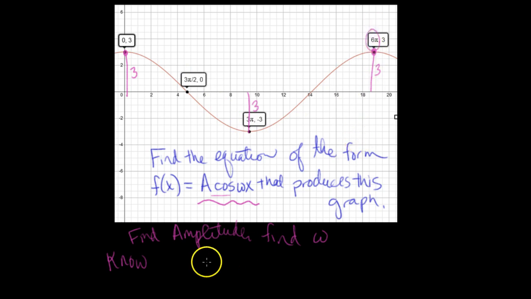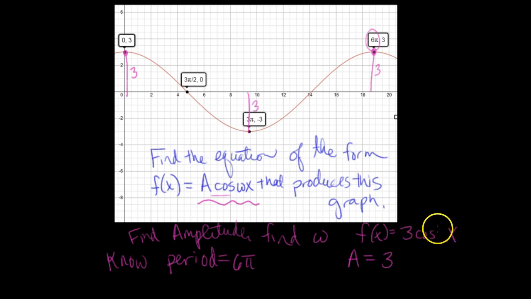So we can say that the period in this case is 6 pi. Okay, so the period equals 6 pi, and we also already know that A is equal to 3. So we've got f of x is equal to 3 cosine. I don't know what omega is, but I know x, so we need to find omega.